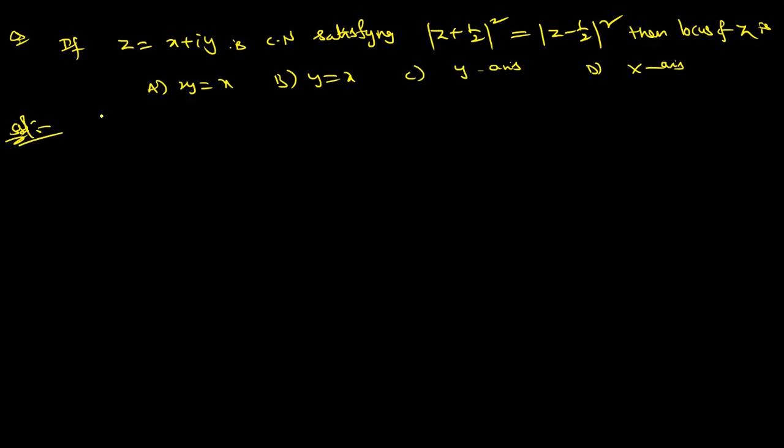How to find it, anyone? A locus means what here? These type of models. Yeah, all correct. What is the meaning? Put z is equal to x plus iy, means x plus 1 by 2 plus iy, x minus 1 by 2 plus iy.